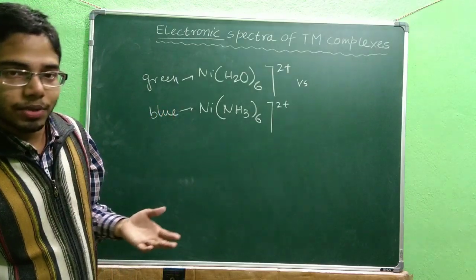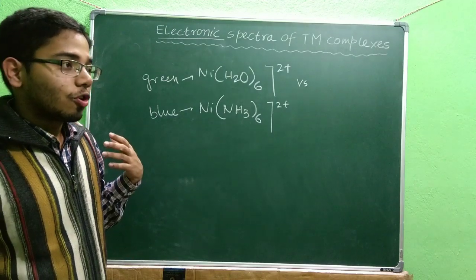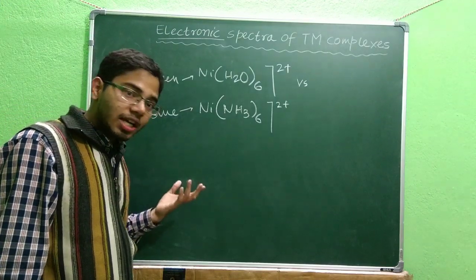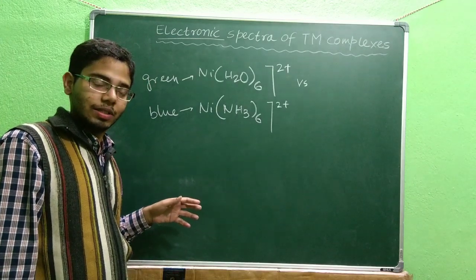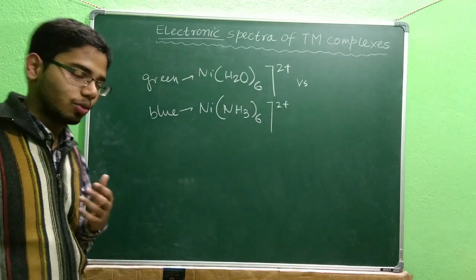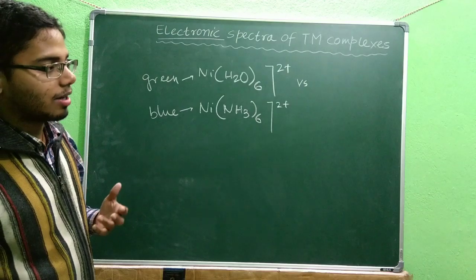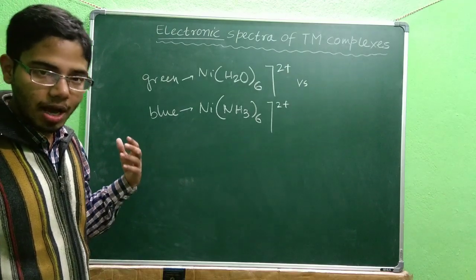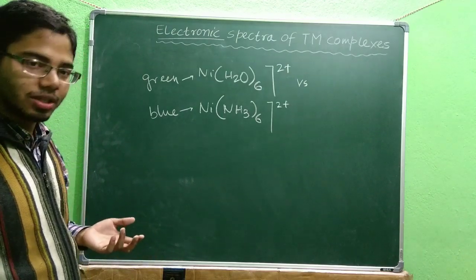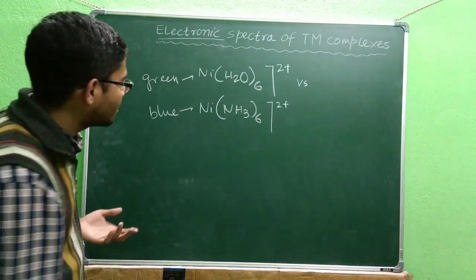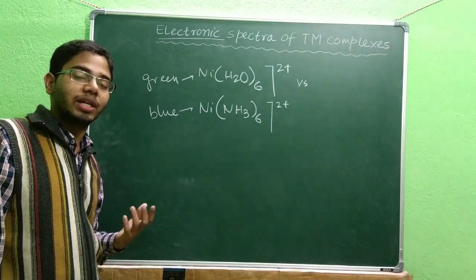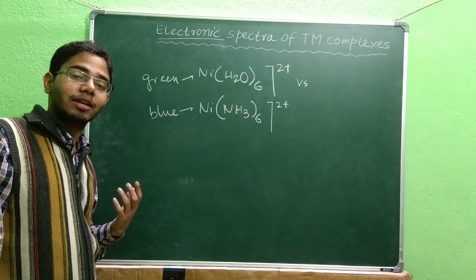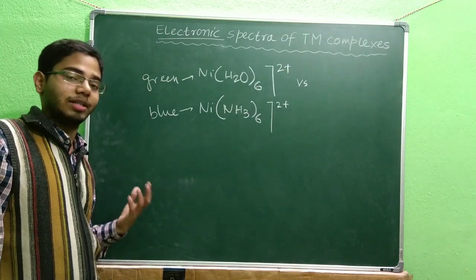So in that perspective, zinc, cadmium, mercury are not transition elements. Many people get confused with zinc, cadmium, mercury and consider them also as transition metals, but they are not, because they don't have unfilled or partially filled d orbitals in any stable oxidation state.